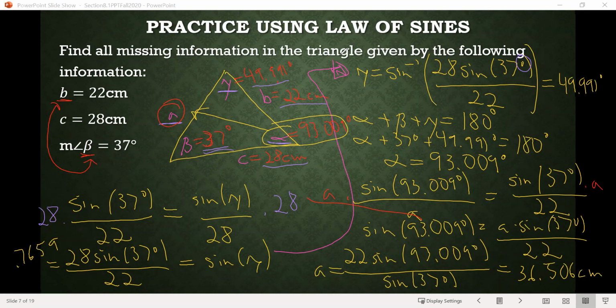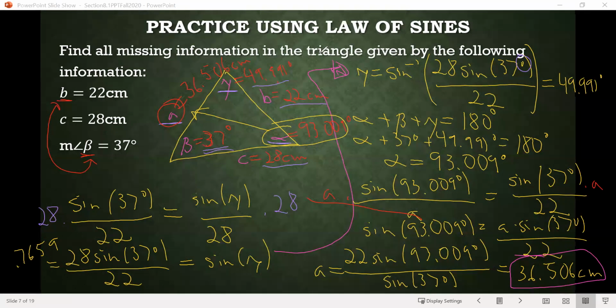And we again have to be careful and make sure that our calculator is in degrees mode. Okay. And now we found all the missing information in this triangle. Sweet, right? Cool.